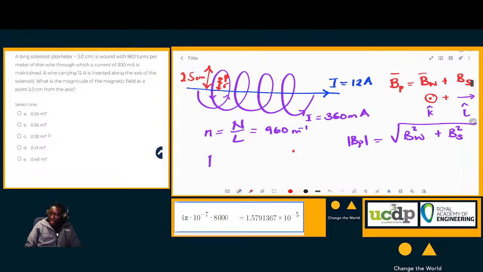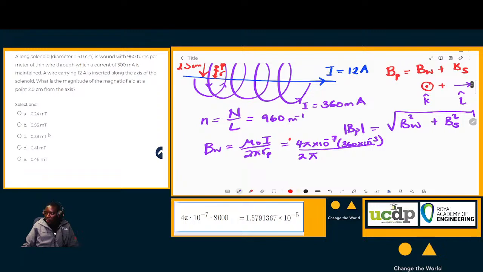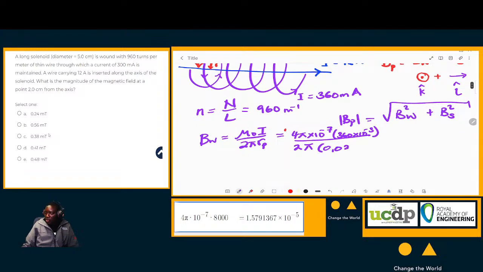The B due to the wire is given by mu naught I over 2 pi d, that's our formula, or 2 pi rp. So that's 4 pi times 10 to the negative 7 multiplied by I inside the wire, 360 milli, over 2 pi, and rp is 2 centimeters, 0.02 meters. So we remove the 2 pi there.